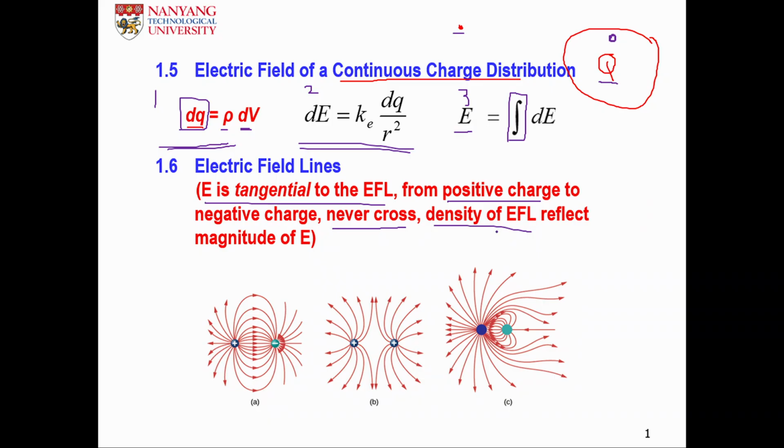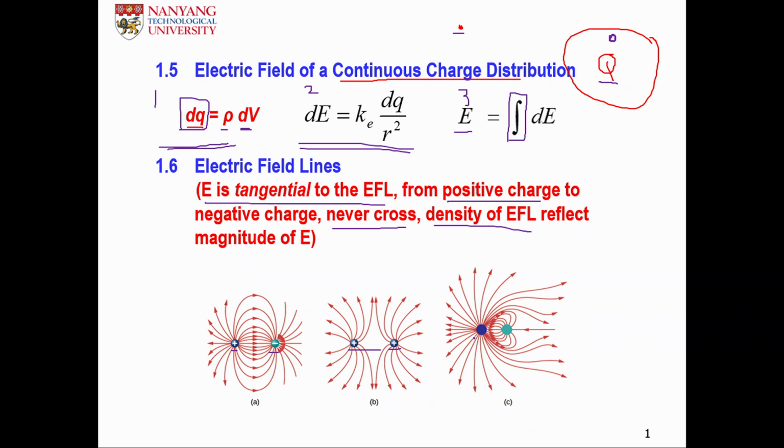Of course, here are some typical electrical field lines of some typical charge distributions: positive, negative, positive, positive. You should be able to at least understand the meaning of the electrical field lines.